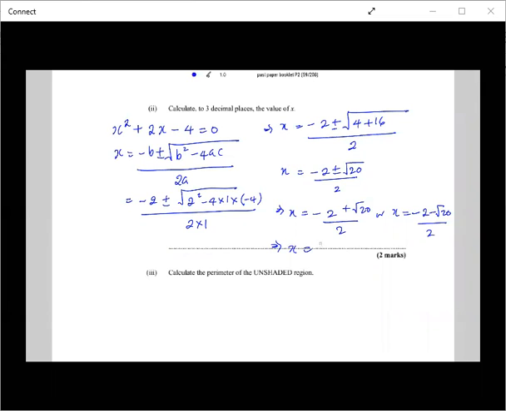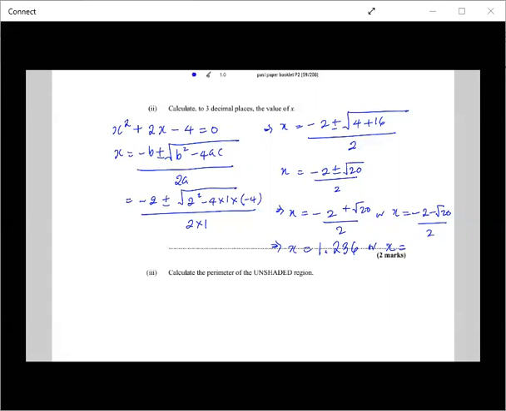So this is 1.236, or x is equal to, open bracket, minus 2 minus the square root of 20, close bracket. I put the numerator in brackets.